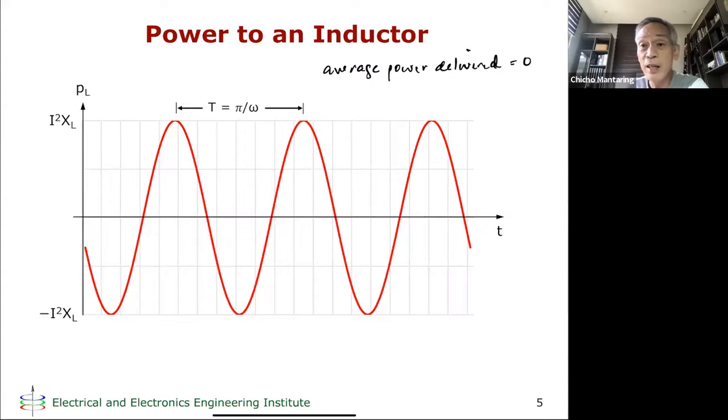So this is aligned with the inductor being able to store energy. Remember, no? An inductor can store energy. So dito sa positive power, it stores energy, and then dito sa negative power, it gives back that energy. But on average, the power on average that is delivered to your inductor is equal to 0.